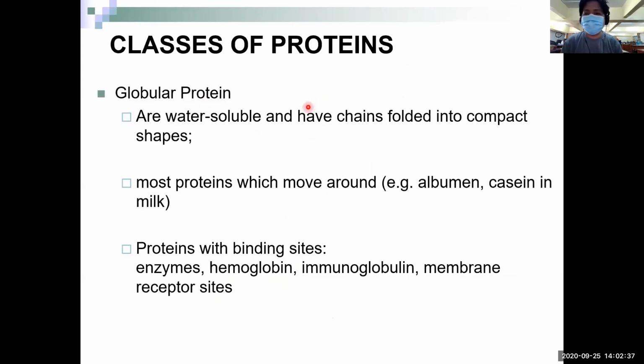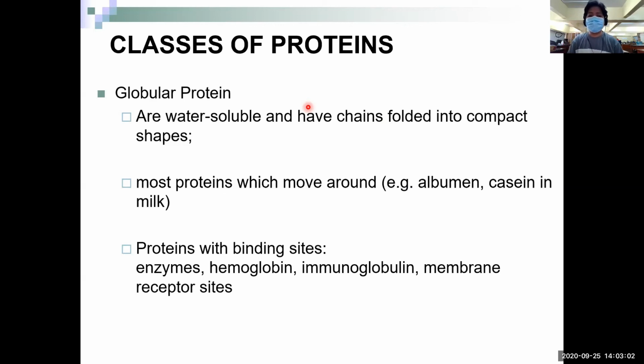Globular proteins. These proteins are usually found in the cell membrane. They are water-soluble and have chains folded into compact shapes. So most globular proteins are moving around the cell. Examples of globular proteins are albumin, also casein in milk.